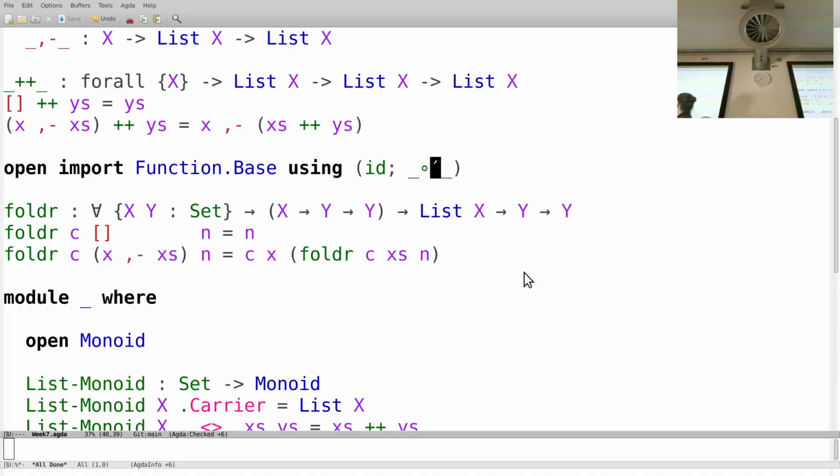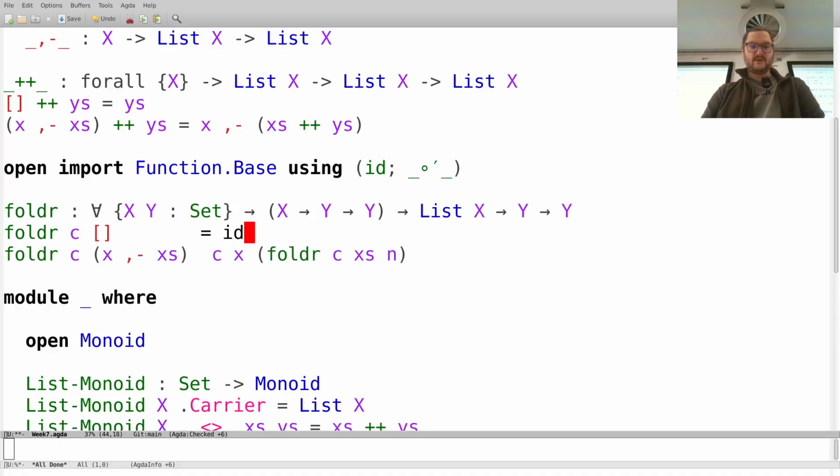But if I'm using the ticked one, the tick is saying it's a boring one. And so it will know that there are no dependencies, and so that the problem is easy, and I have more solutions automatically. It's a purely technical detail. So n is turned into n, that's just the identity, and n is turned into cx of blah, blah, blah. It's the composition of cx, blah, blah, blah.